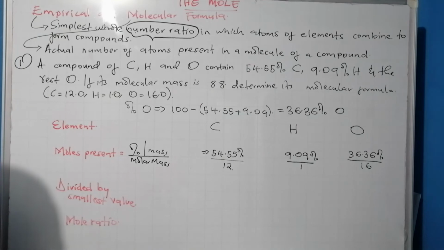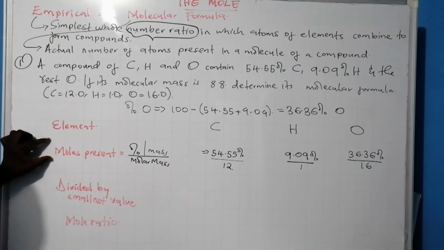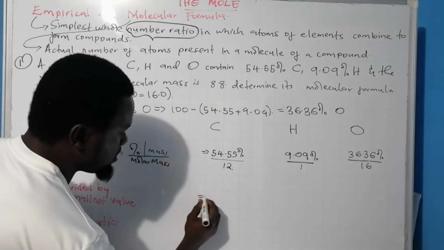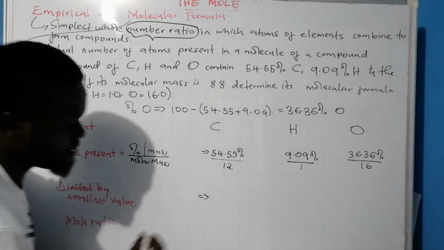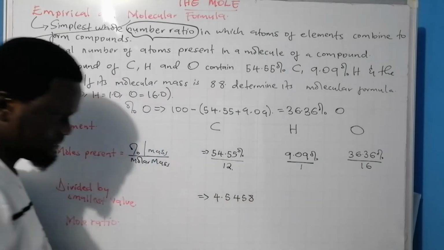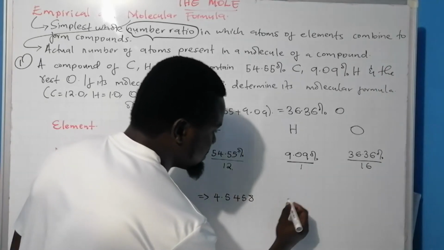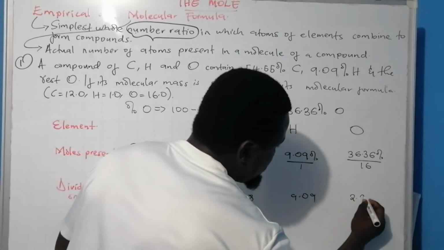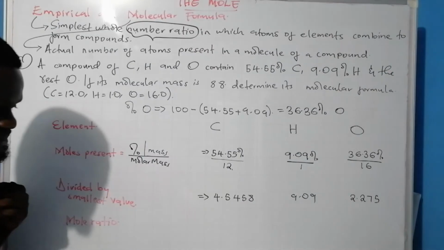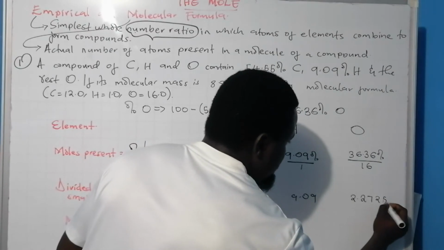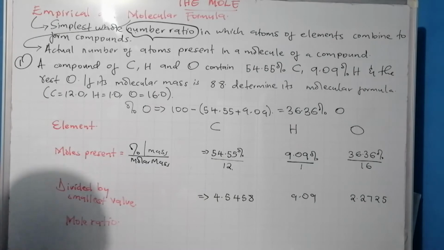So when I divide those in the calculator, they will give me the number of moles present. In the case of carbon, it will be 4.5458 moles. How about hydrogen? It will remain the same, 9.09. And how about oxygen? 2.2725, sorry, 2.2725 moles of oxygen. So these are the moles of those particular elements.